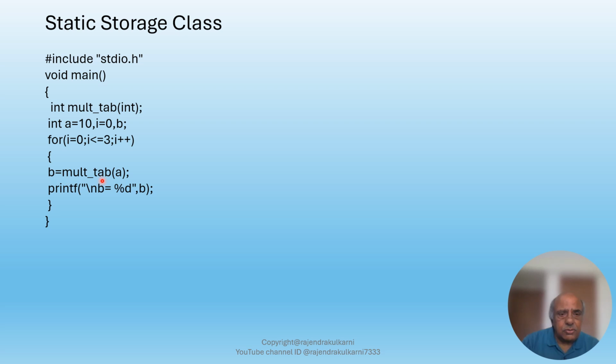So b is equal to mult_tab(a); tells us that the mult_tab function will be passed the value of a assigned in main. mult_tab will return a certain value which will be assigned to variable b, and b's value will be displayed by this printf statement.